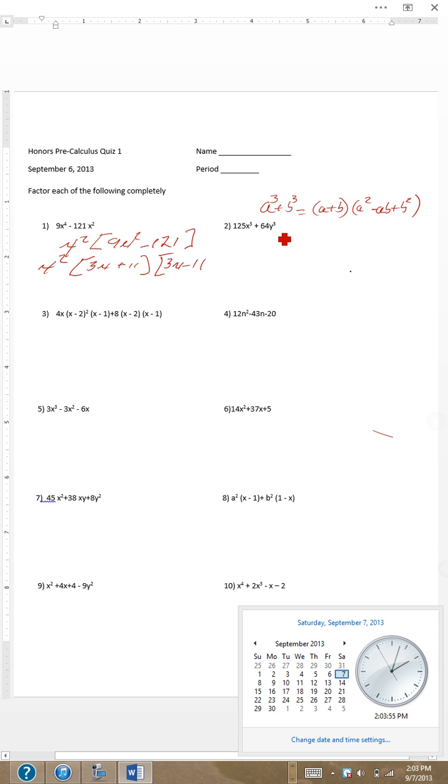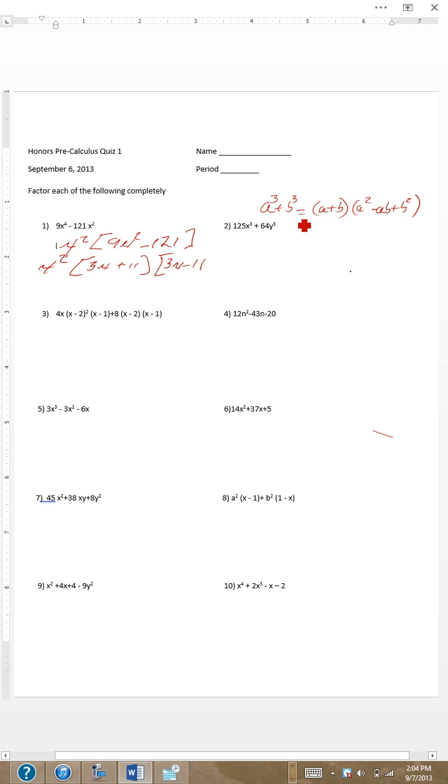In this instance, a would be the 5x, and b would be the 4y. So then that's factored.